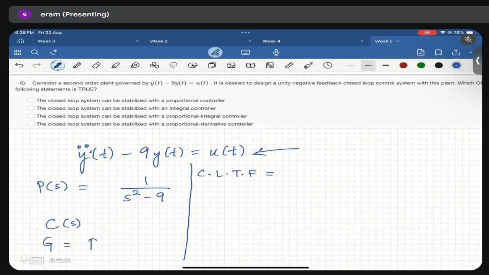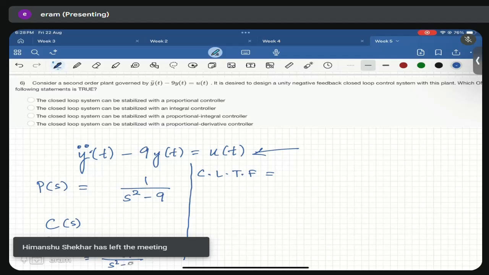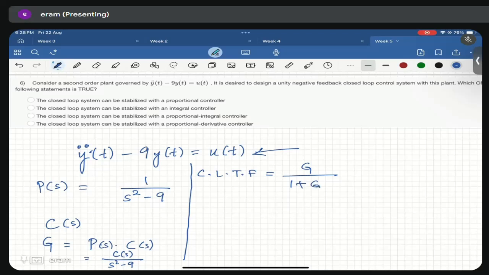G will be P(s) into C(s), that is C(s) by s square minus 9. Then closed loop transfer function is G by 1 plus GH, and we have a negative unity feedback, so H equals 1. What will be the closed loop transfer function then?